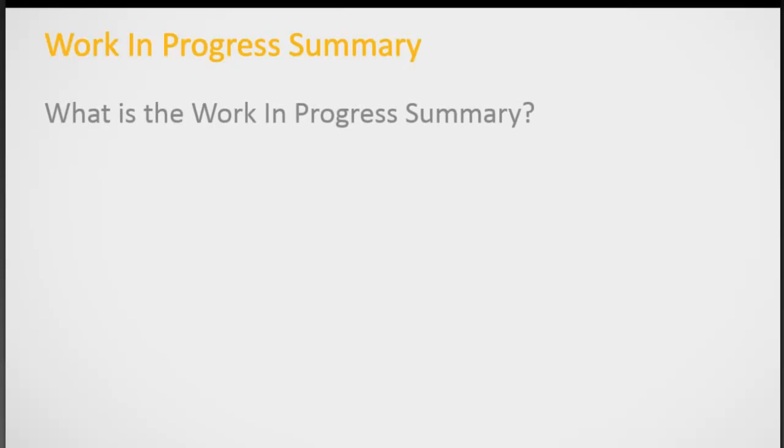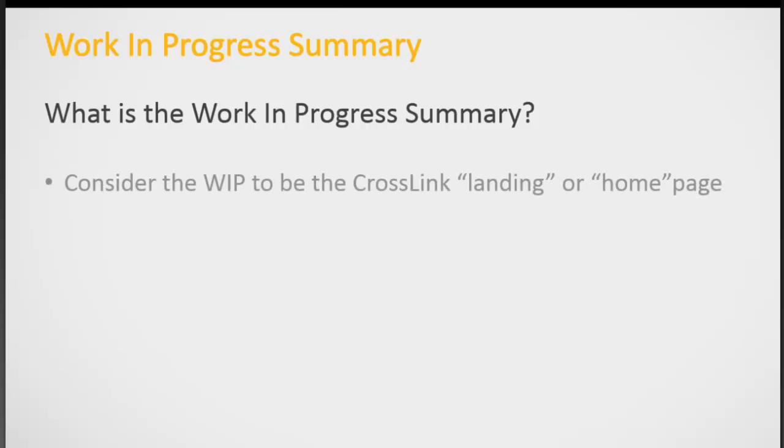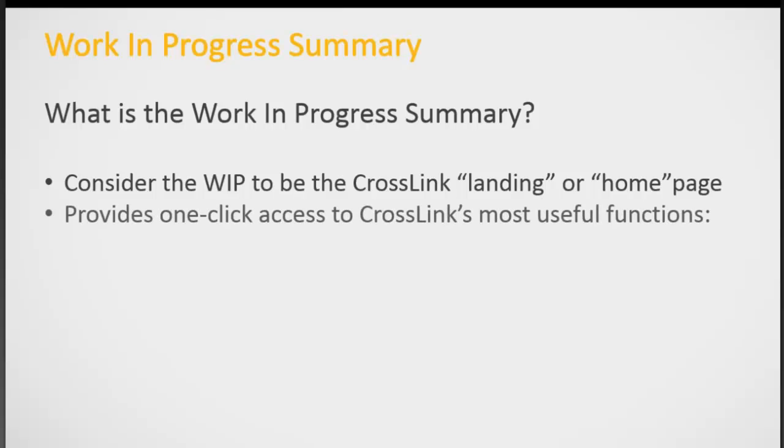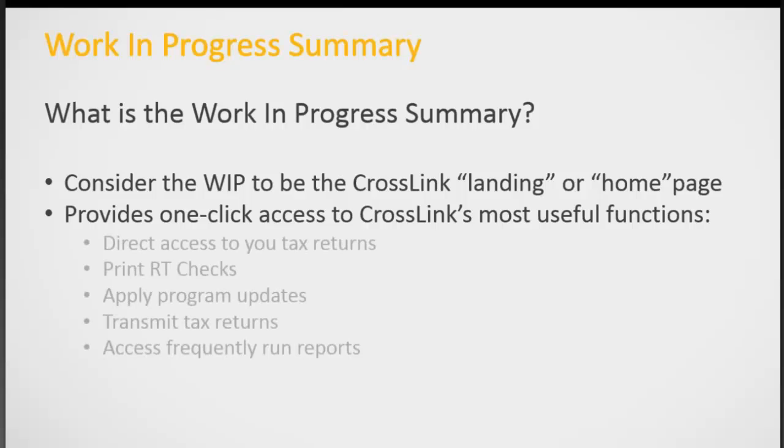Now, when I talk about the work in progress summary, what is this thing? Well, what we're trying to do is give you an at-a-glance kind of report on what is happening in your office. This is the first page that you come across when you open up the program or when you transmit.